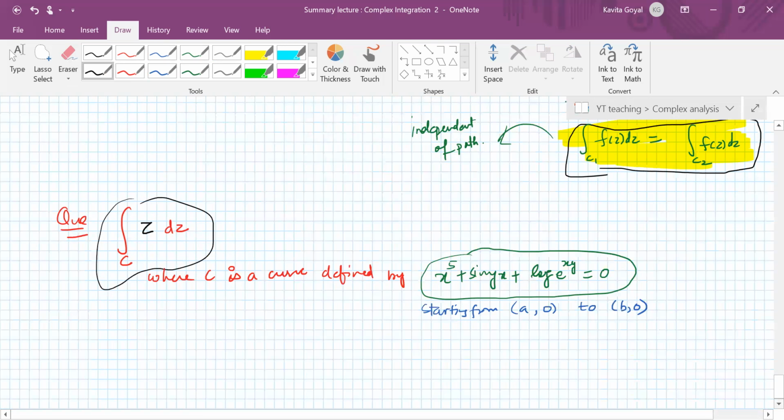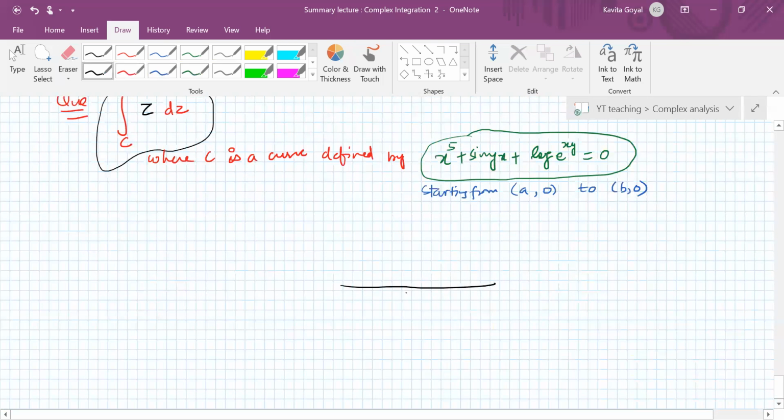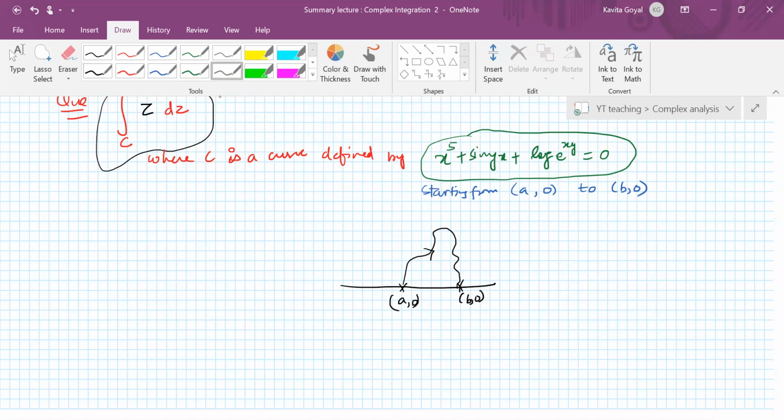Here we have to go from (a, 0) to (b, 0), moving along a curve which is like this. The above result says that you will get the same integral if you move along any curve from a to b.